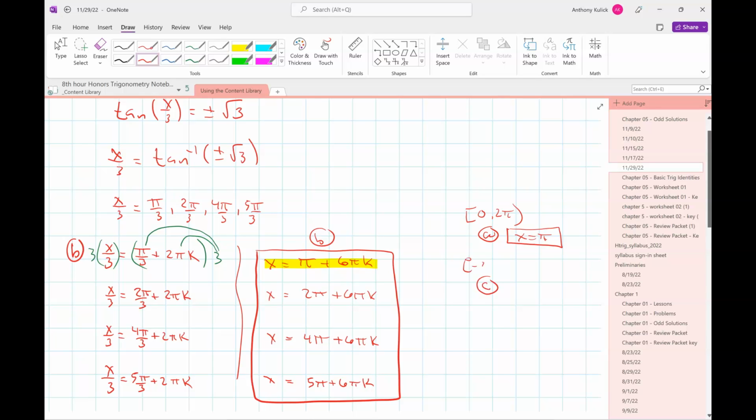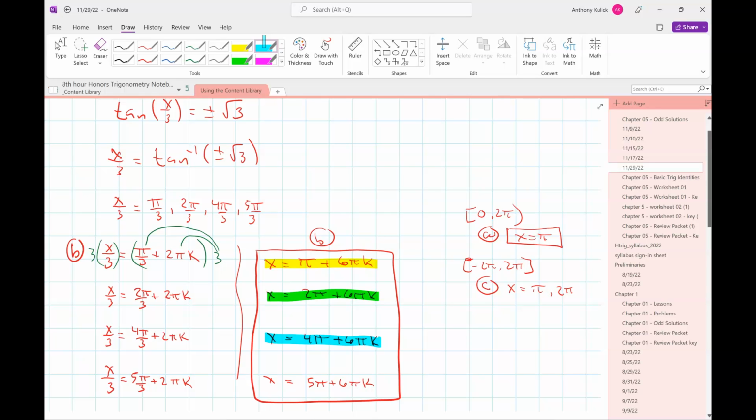C was negative 2 pi to 2 pi with a bracket on each end, right? So if I look at that first solution, well, obviously pi still falls in there. If I look at this one, if k is 0, I get 2 pi, right? That fits in the interval. If I look at this solution, well, if k is 0, I'm too big.